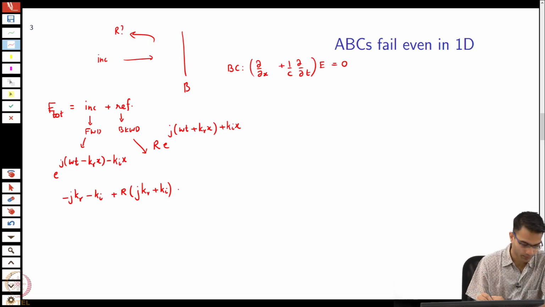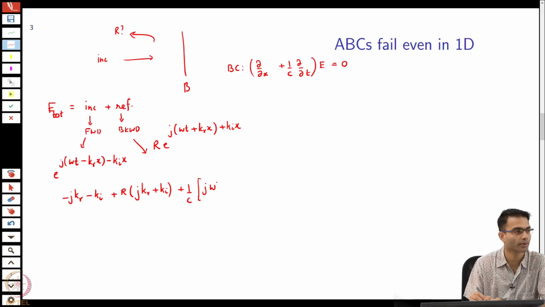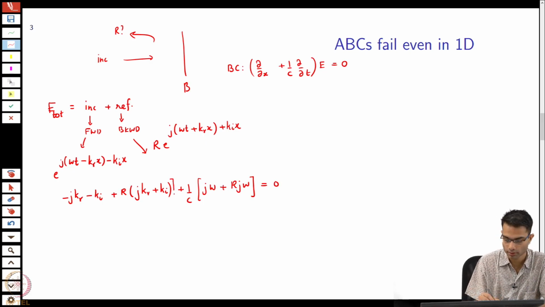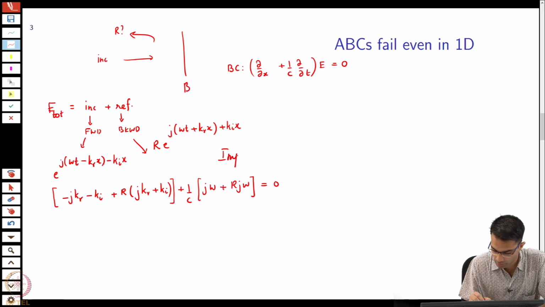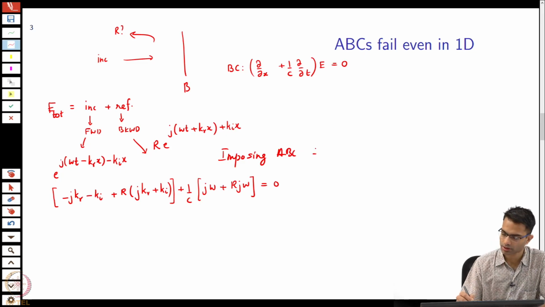Then comes 1 by c, what is the time part over here? J omega plus r j omega equal to 0. This is imposing ABC, just imposing ABC, okay.